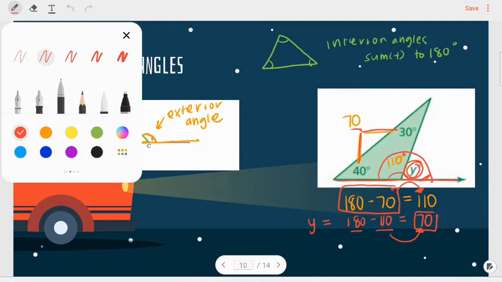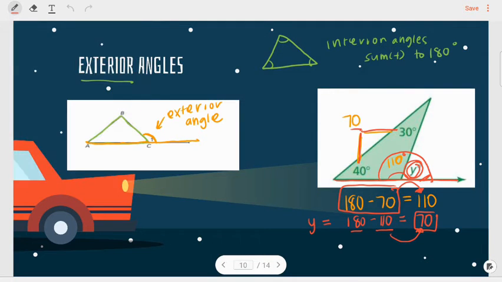So if I add angle A plus angle B, that is going to equal my angle 1. In other words, these two angles right here added together will give me my exterior angle. And that will work on every triangle as long as the two angles, A and B, are what we call our remote interior.